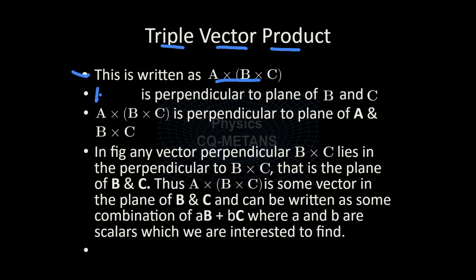Now, here actually B cross C is perpendicular to the plane of B and C. So this is nothing but the direction of the vector product. So A cross B cross C is perpendicular to the plane of A and B cross C.